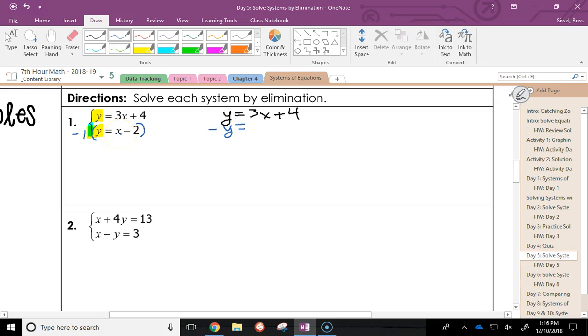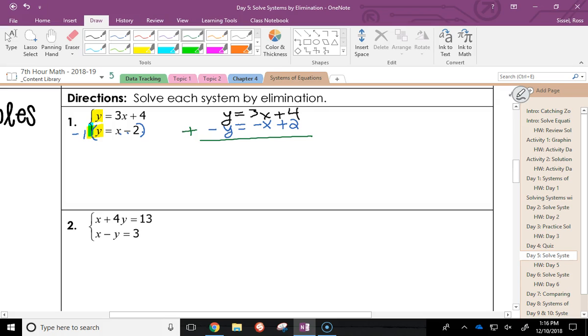X times -1 is -x. -2 times -1 is +2. The reason we are doing this today is so that on each one of my equations, I can just say I'm going to add.